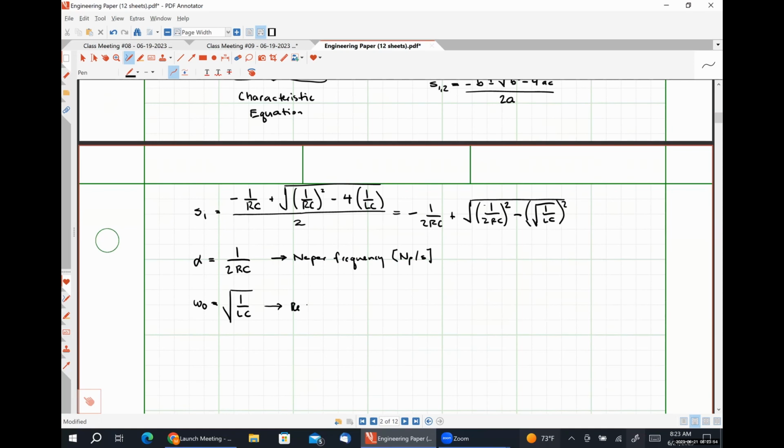And this is what's called the resonant frequency of our circuit or system, measured in radians per second. And this resonant frequency really has a lot of different roles depending on what kind of system we're looking at. Okay.